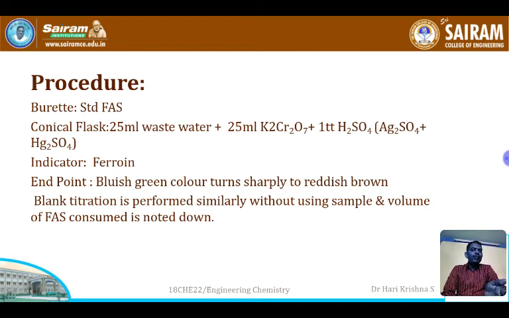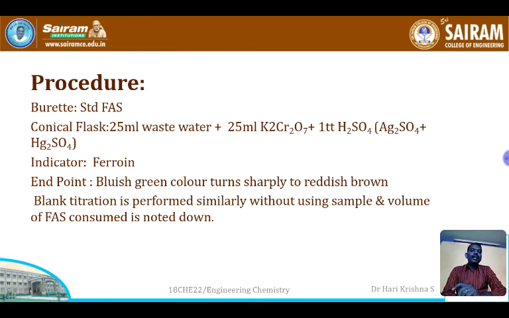Or out of 25 ml, 20 ml might be used and the remaining 5 ml is as it is. The remaining potassium dichromate will react with the standard FAS taken in the burette. A redox reaction will occur here. But what we want is how much volume of dichromate is used to oxidize the waste present in the wastewater. So I want to find that out, and we do a blank titration.